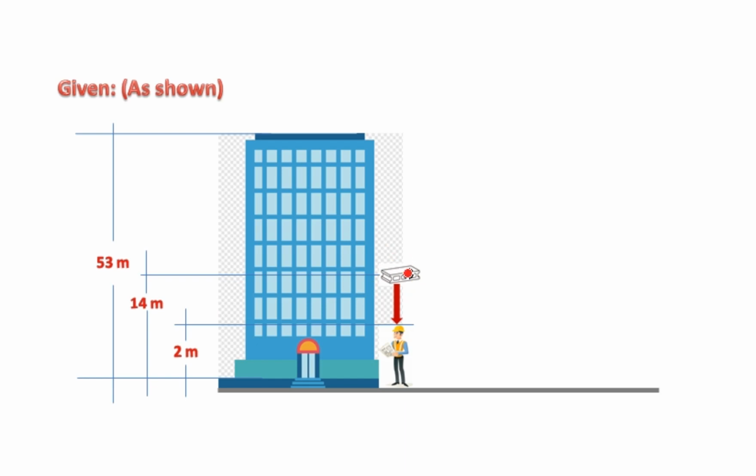So at this point, when the cement block is falling, let's say it started from point A. If the building is 53 meters high, from point A to this point, let's say point B, the block already travels a distance of 39 meters.